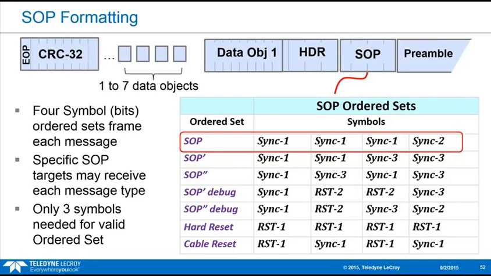We'll look at an example next, but there's also some other special framing for hard reset and cable resets. Really all participants in the link only need to receive 3 out of the 4 bits to recognize a valid SOP. So there's error tolerance built in.